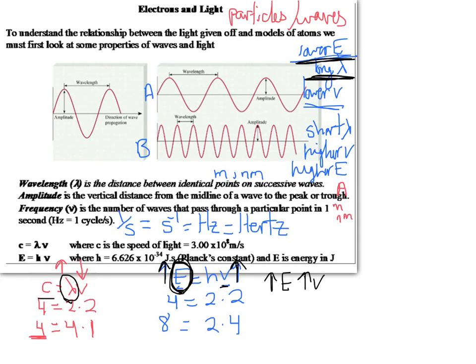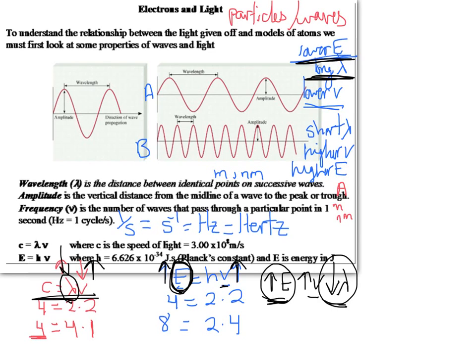Now let's look at this equation. If you were to increase the frequency, what would happen to the lambda? It's an inverse relationship, so it would decrease. So an increased frequency would cause a decrease in lambda. So that means that the relationship between energy and wavelength is an inverse. You increase one of them, you decrease the other.